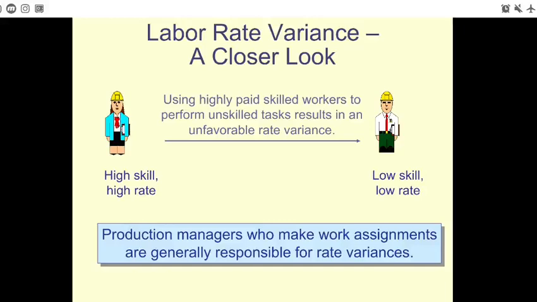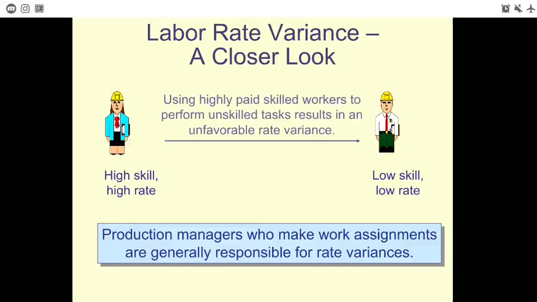So if you hire highly qualified workers, your labor rate variance most probably will become unfavorable, but they are good at their work, so you will get a favorable labor efficiency variance, because they have high qualification, maybe they can do their work very efficiently and effectively.